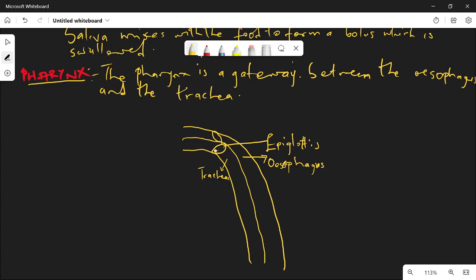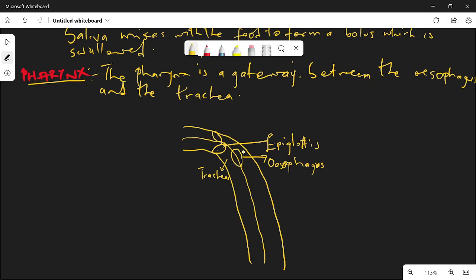It is because you were not careful enough to allow the epiglottis to cover the trachea, having an opening for you to swallow through the esophagus. So at that point, it is assumed that the epiglottis is midway, like this. It is not covering the esophagus completely.